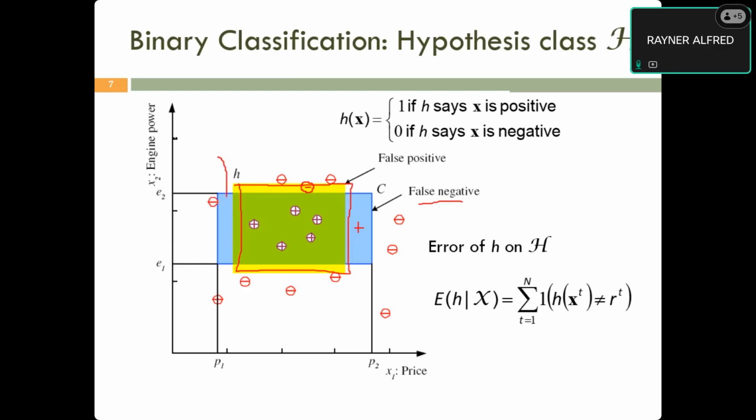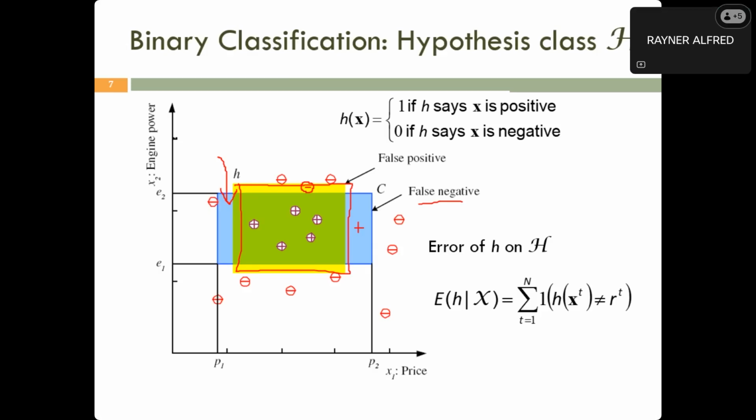Tapi yang sebenarnya is this one, blue. So we want to, when they say, I want to have the yellow boxes match the blue boxes, supaya they reduce false positive and false negative.